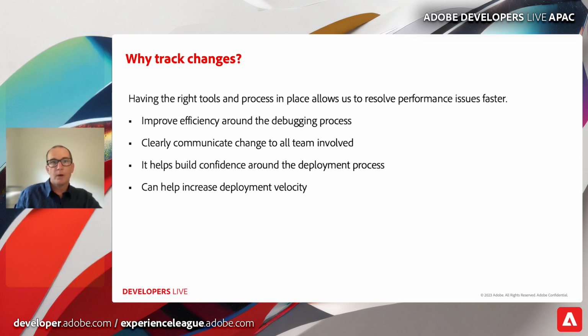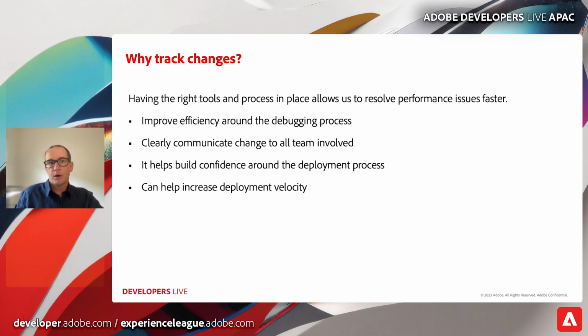So there are a few of the reasons why we might. These bottom two here are important. It also helps build confidence around the deployment process. So once our teams have more confidence in deployments and deploying, making sure that we've got everything we need to quickly assess and pinpoint a performance issue to then roll back a change or put out a hotfix to fix that is going to give everyone in the team a bit more confidence.